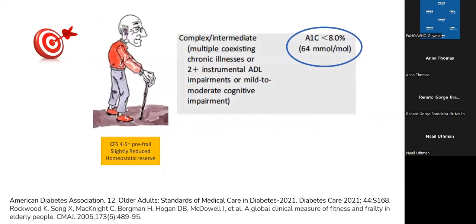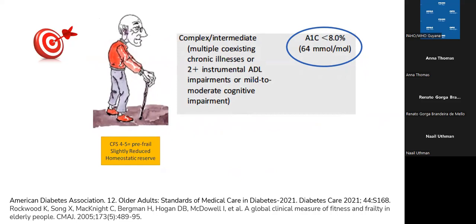If a patient is pre-frail, maybe an 8.0% treatment target is the best one to pursue.